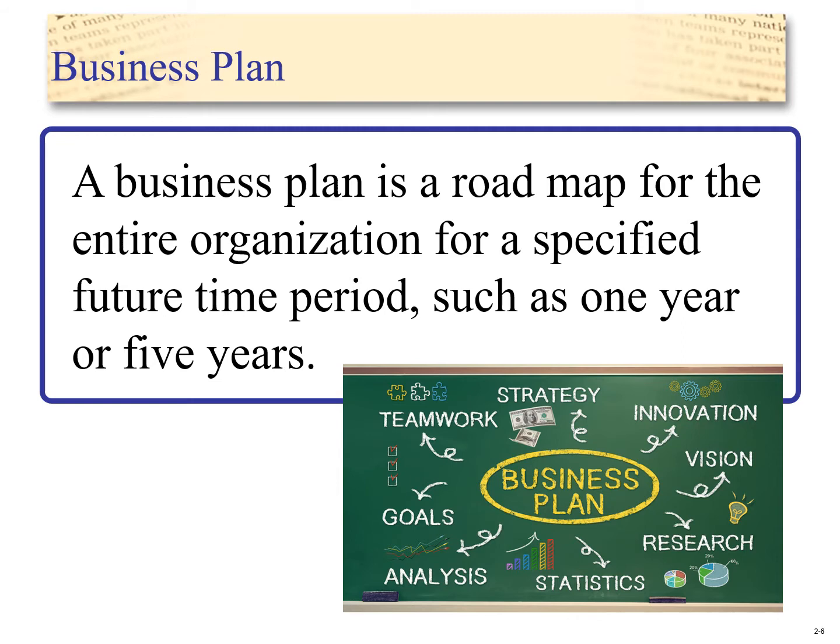You'll say, my plan is to graduate in the next semester, or by the end of summer, or in the next 2 semesters. So that's your plan, right? Similarly, a business plan is for the entire organization, and they say, okay, this is what we're going to do by next year, or by the next 5 years, or whatever the specific time period is.